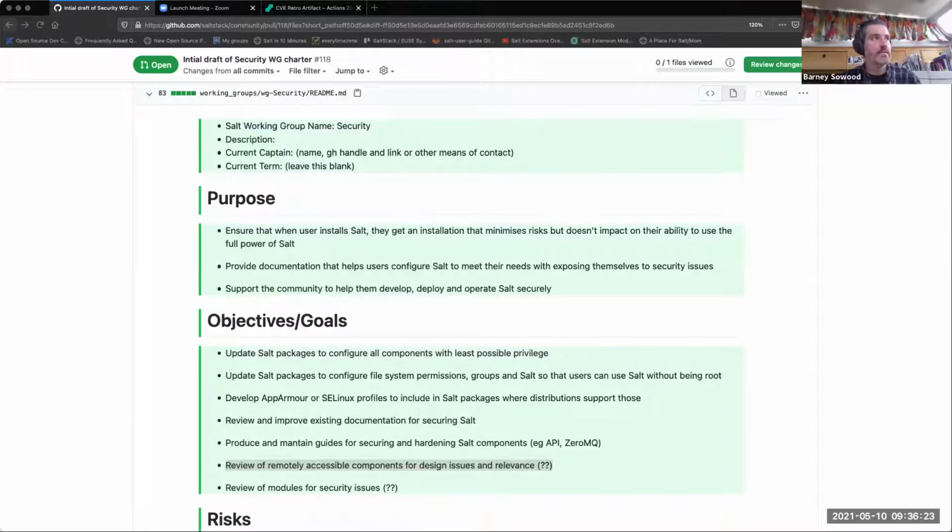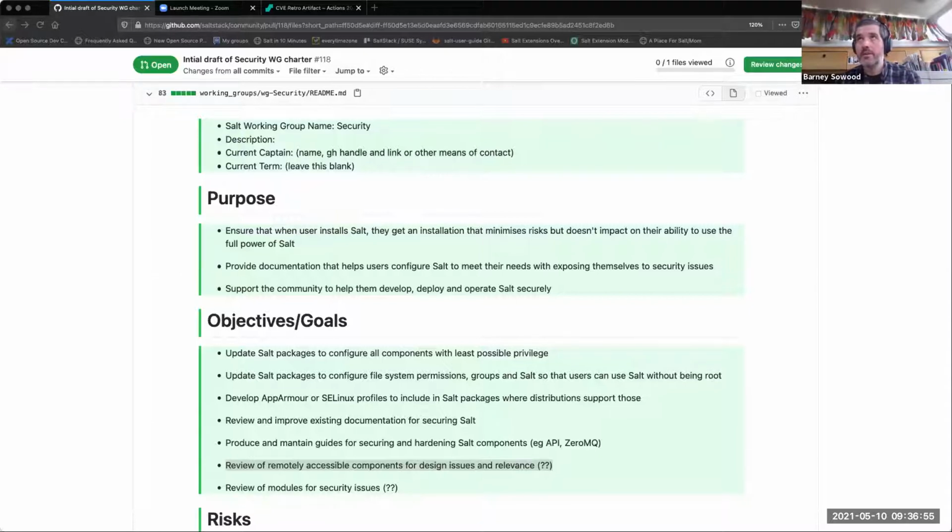One thing I had a bit of a look at recently was a particular module, I can't remember which one it was, and how it was shelling out to run an executable. So I wanted to understand how that worked, and what was commonly being done within execution modules to ensure that shell injection wasn't easily possible.